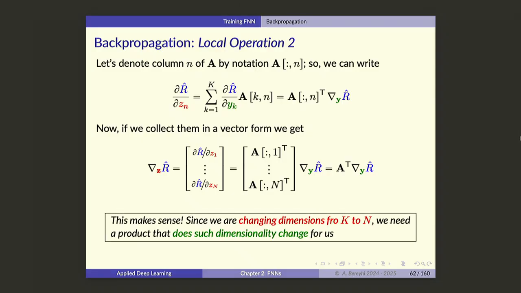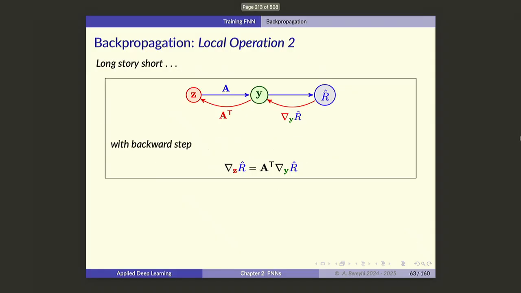So this is the same argument that I showed on the board. If you want to change the dimension from k to n, obviously you need to multiply A transpose with the gradient, and that is quite obvious. So if you have such a transform, here you have your gradient, and whatever this gradient is, you multiply it with A transpose. Now you have the gradient with respect to z, and you can keep on going backward, right?